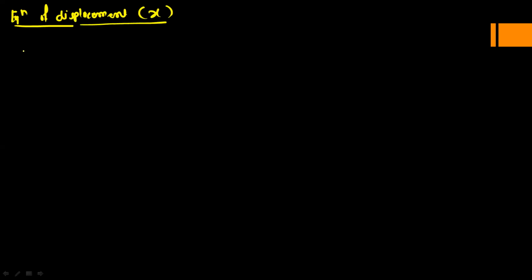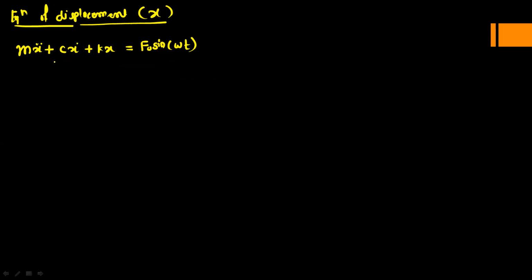So for that we have the equation of motion, which is mx double dot plus cx dot plus kx, this is equal to f0 sine omega t. Okay, so this is our reference equation, that is the equation of motion.